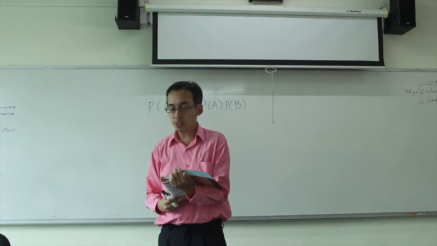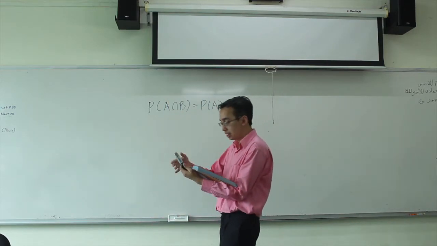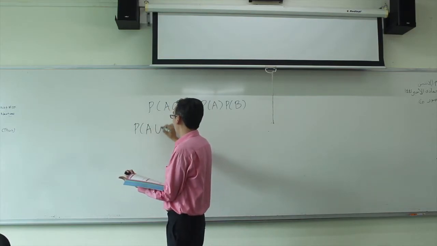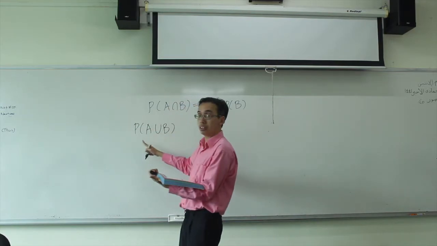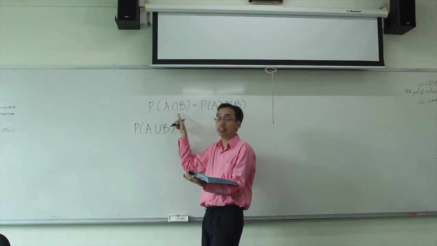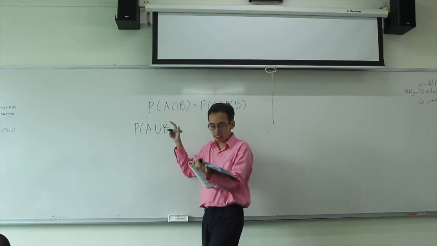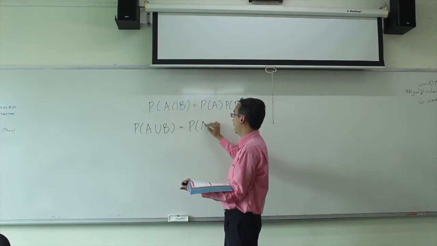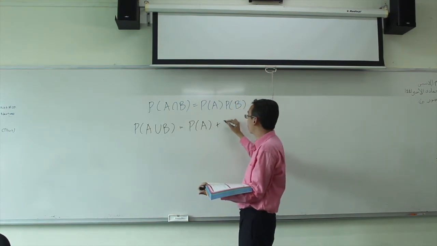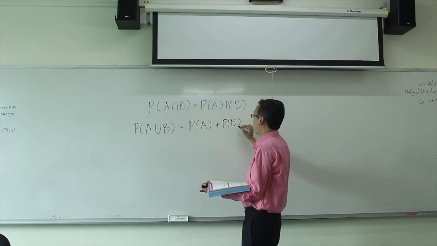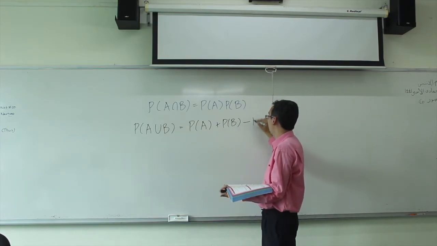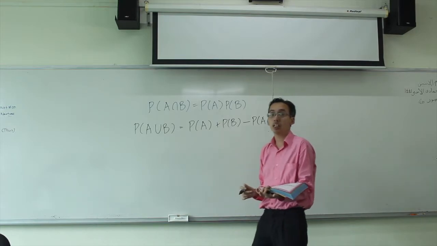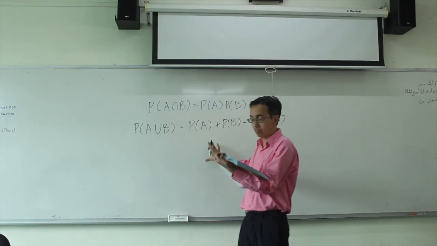You need to make use of your previously learned formula. Take note, this is probability of A union B, not probability of A intersect B, two different things. Probability of A union B is probability of A plus probability of B, and then you must remember to subtract probability of A intersect B. So this is a previously learned formula.